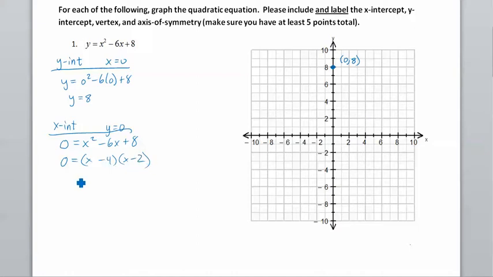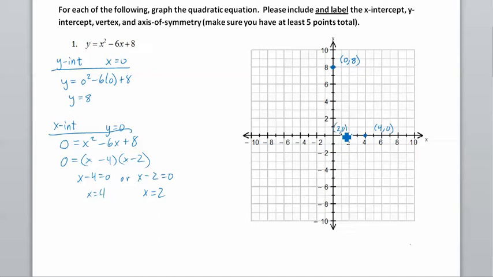That means x minus 4 equals 0, or x minus 2 equals 0. So x equals 4 or x equals 2. These are both x-intercepts, so we're going to put both of those down. I've got 4 and I've got 2. So this one is (4, 0), and this one is (2, 0).